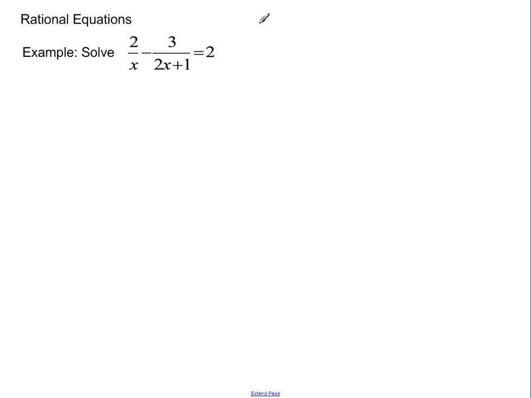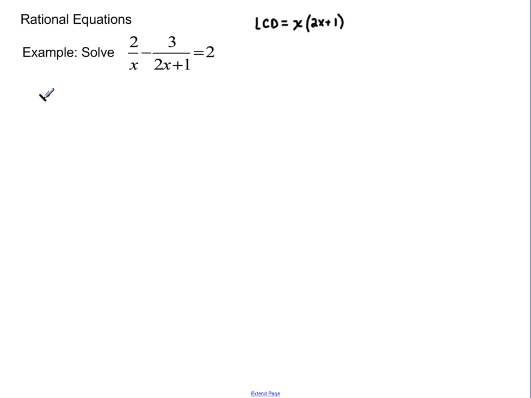We have denominators x and 2x plus 1, and of course 1, if we think about 2 as 2 over 1. So our least common denominator in this case is going to be the expression x times the quantity 2x plus 1. So that's what we're going to multiply on both sides of the equation in order to clear out our fractions.